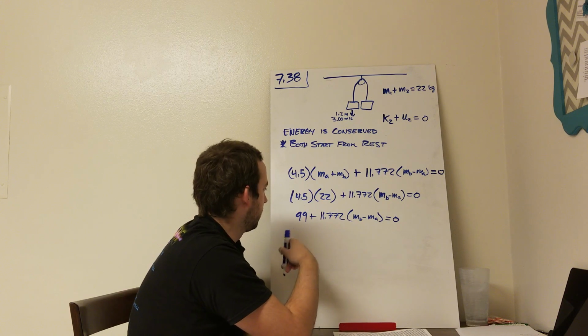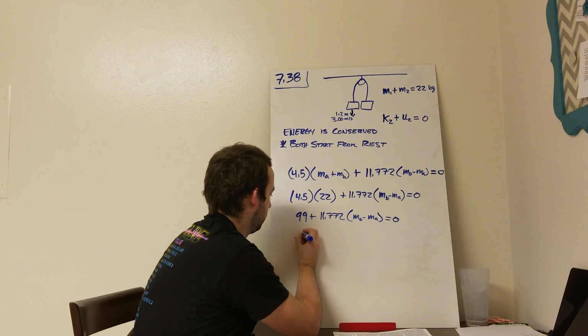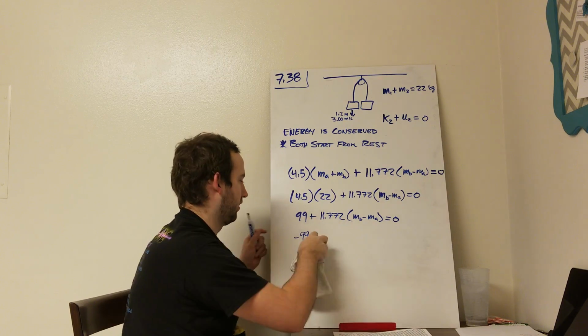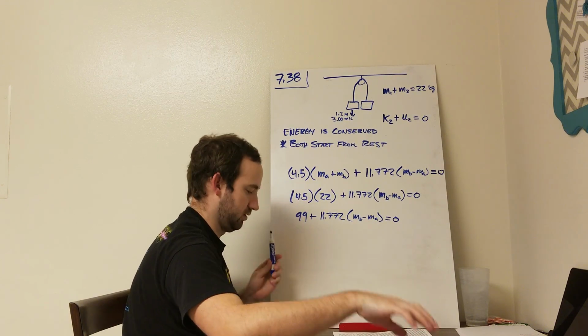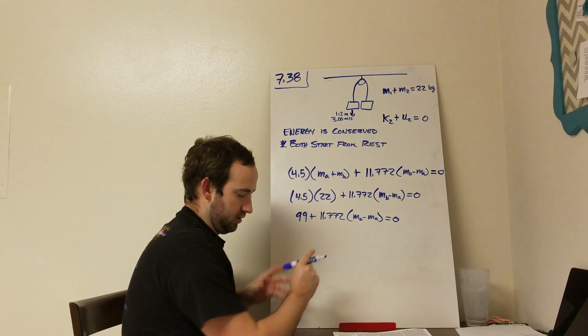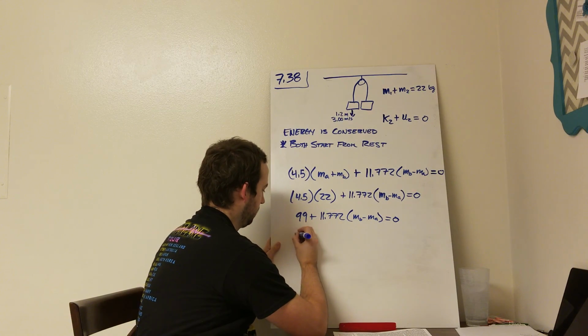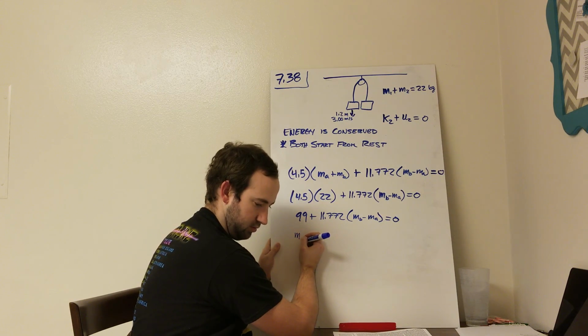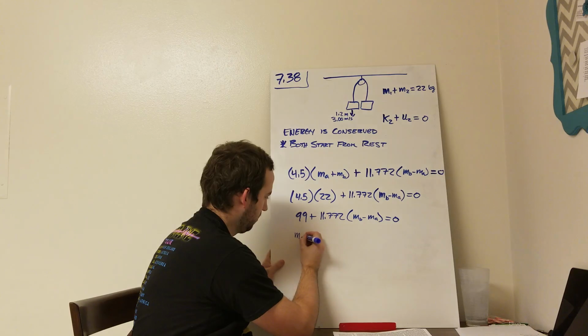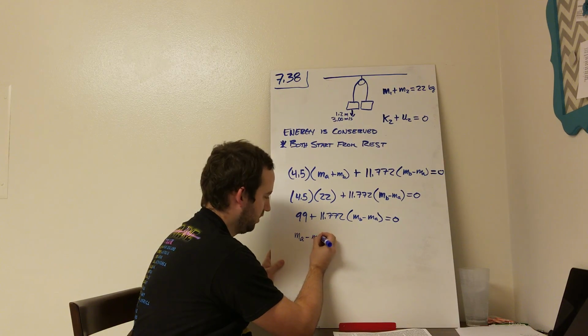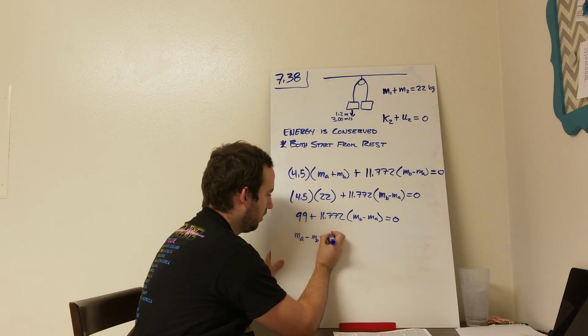When we do that, we'll get negative 99. Well, we'll just say it's mA minus mB equals 8.41.